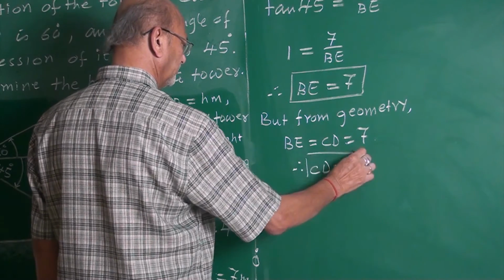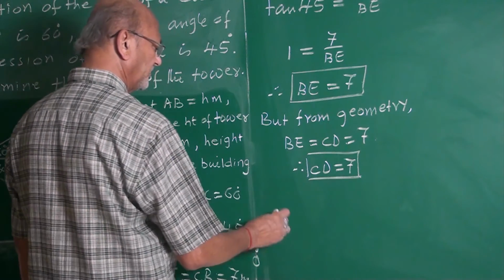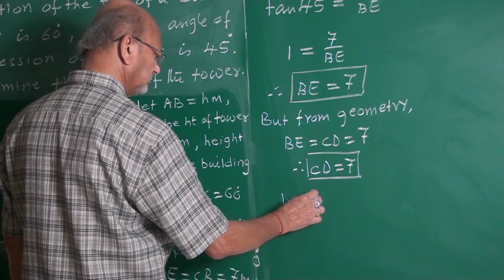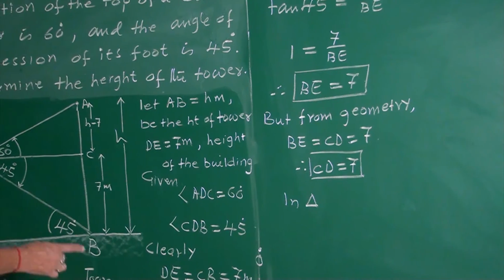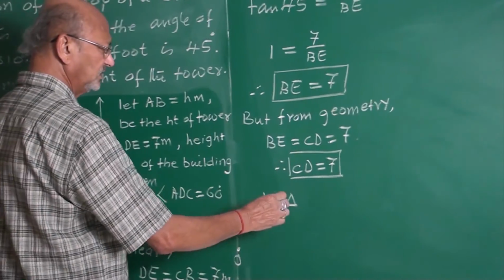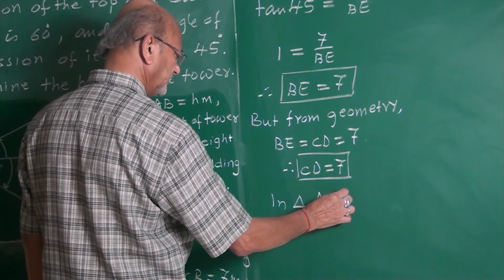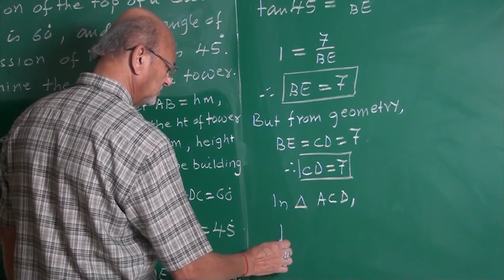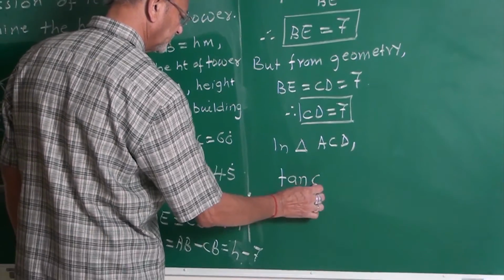So, remember my friends, in triangle ACD we have tan 60 degrees.